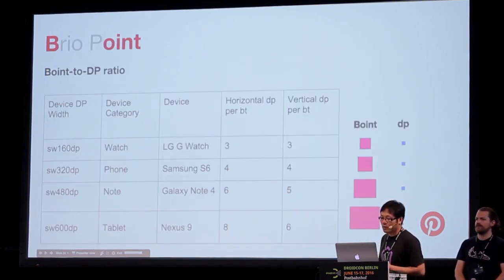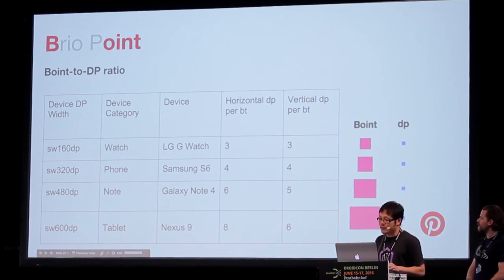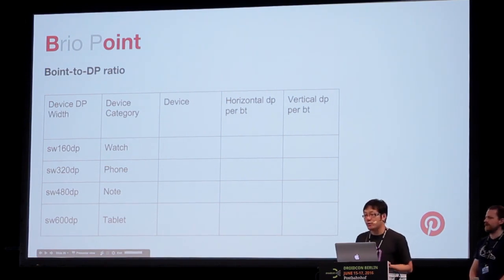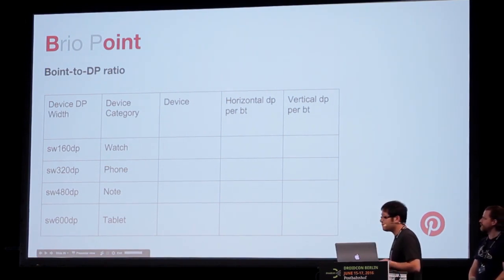If you look at the Braille point more closely, here's a map explaining how one Braille point is translated to a different number of DPs on different screen resolutions. The first column is the smallest screen width in DP.